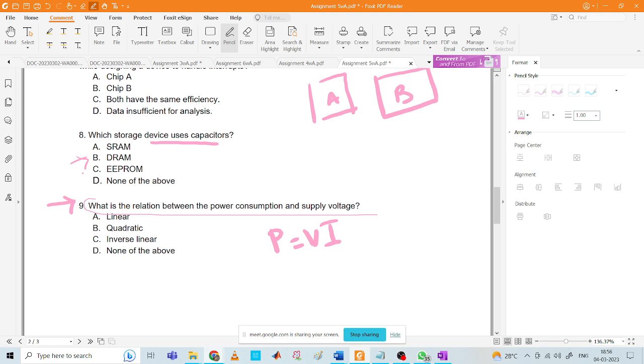So P is voltage into current, and P has a linear relationship with voltage. Why do we say quadratic?